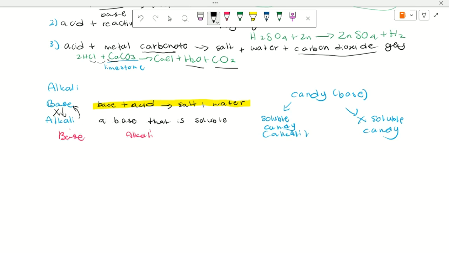So what are the examples of base? Examples of base are MgO, Mg(OH)2, and Al2O3. Alkali are K2O, KOH, NaOH, and Na2O.